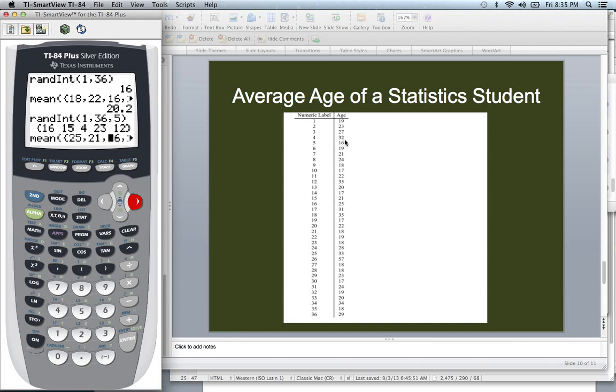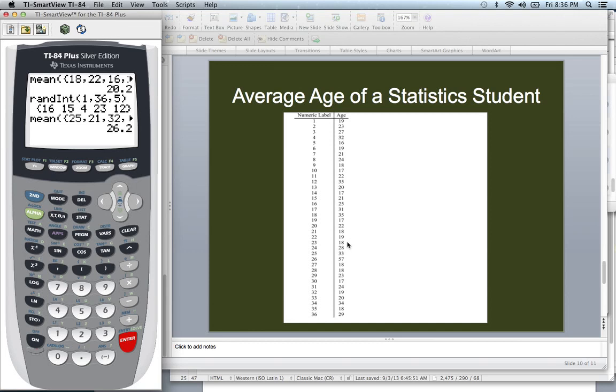Student number 4 is 32, so I'll change that age. Student number 23 is 18, so change that age. And finally, student number 12 is 35 years old, so we'll change that age. Then when I press enter and calculate the mean, notice I get yet another value for the sample mean.